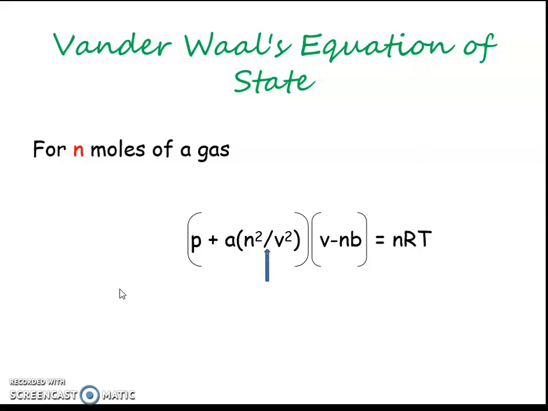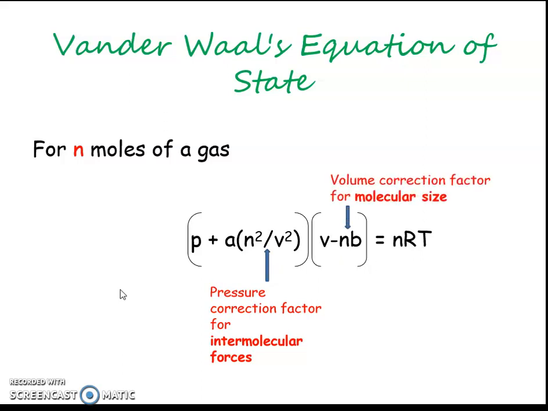Here, the a n square by V square term is the pressure correction factor for intermolecular forces, and the nb is the volume correction factor for molecular size.